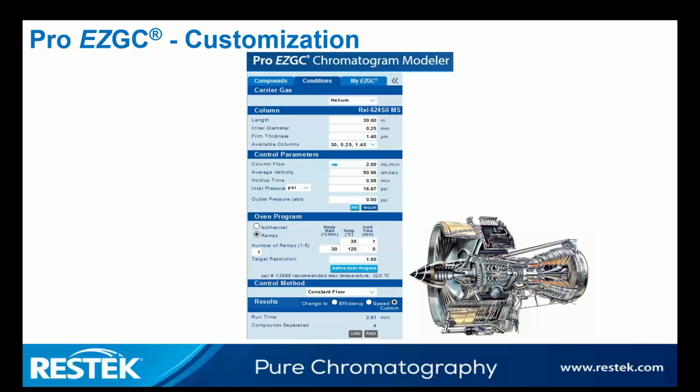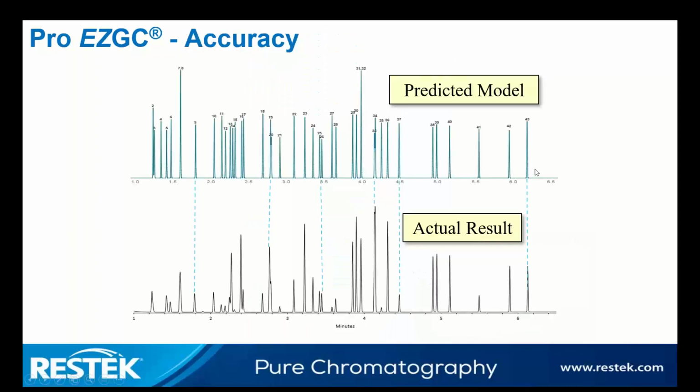So it is possible, but we do want to let you know that most conventional instruments cannot do that ramp rate. And then you can look at constant flow, constant linear velocity, whatever you would like down at the bottom as far as flow considerations go.